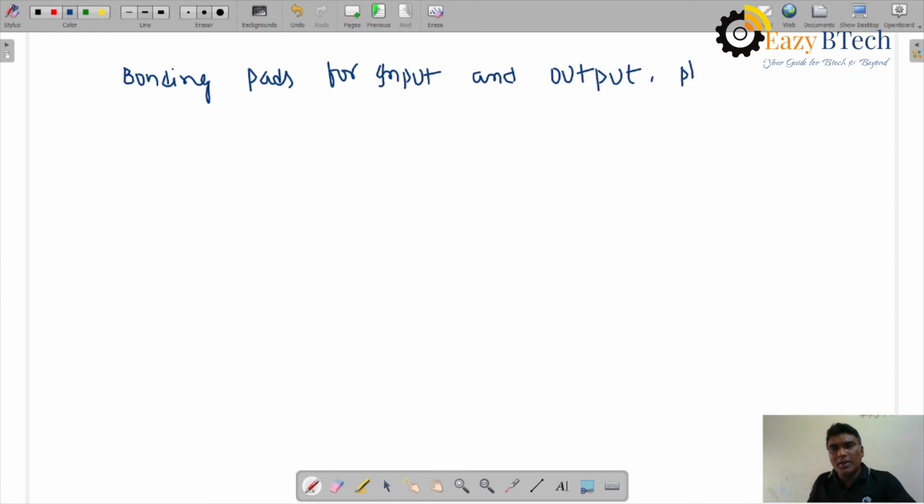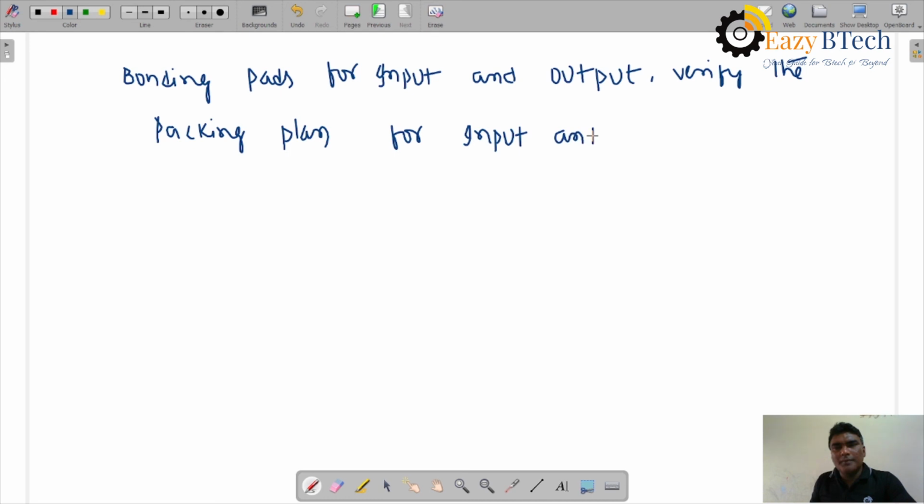So verify the packing plans for input and output pins, right?